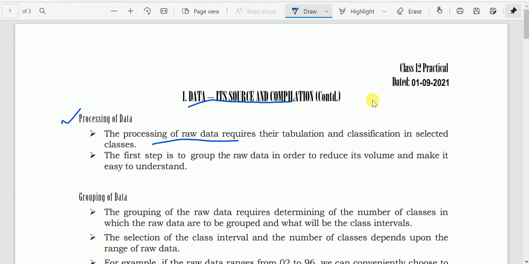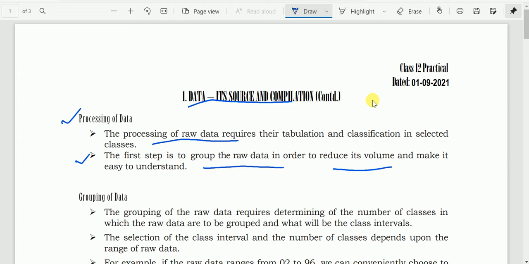And the first step is to group the raw data in order to reduce its volume and make it easy to understand. So one advantage of grouping of data, that is classification of data, is that it reduces the volume of the data, and it also makes it easy to understand.